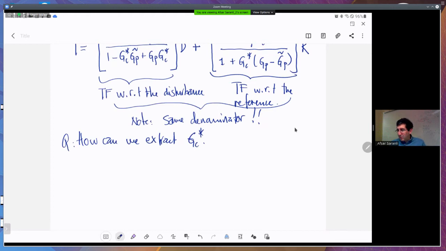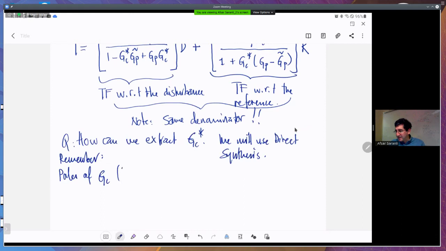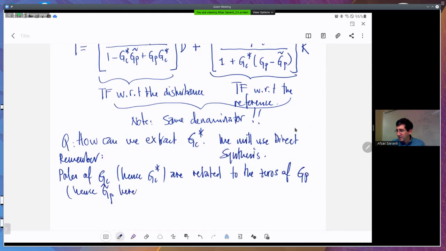What we need to remember is that, first of all, we will use direct synthesis, but we also need to remember that basically poles of GC, poles of the controller GC, hence here GC star, are related to the zeros of GP, hence GP tilde here.